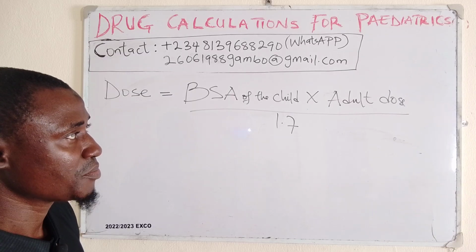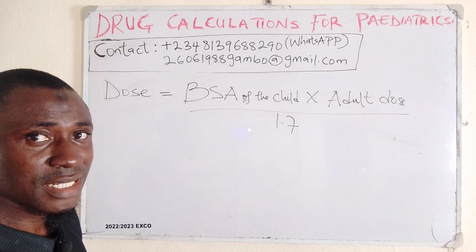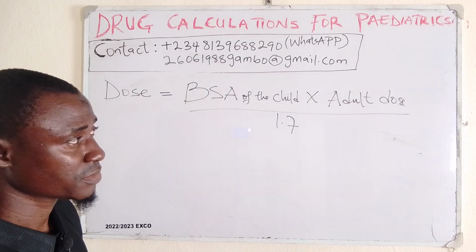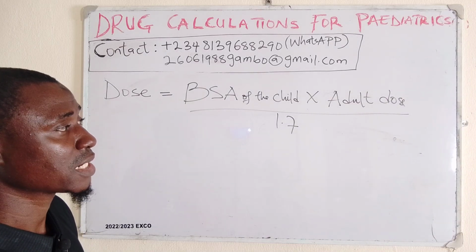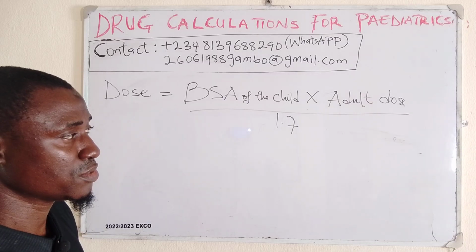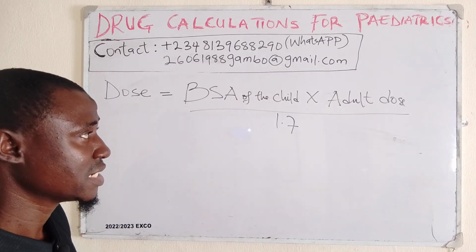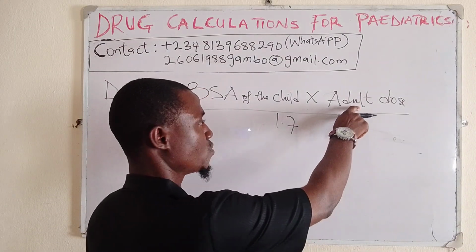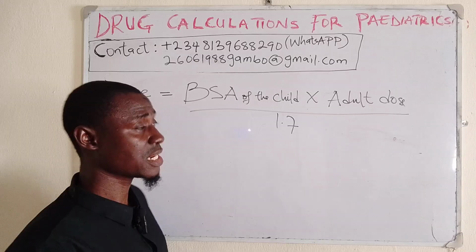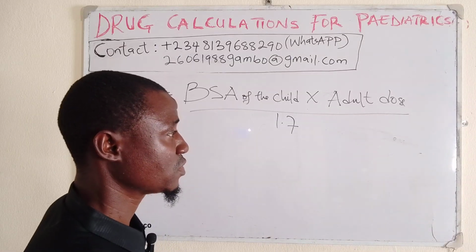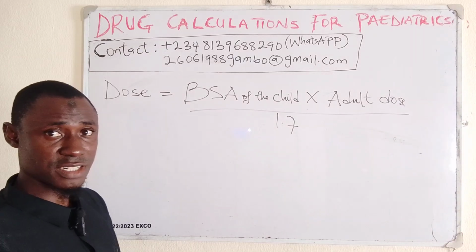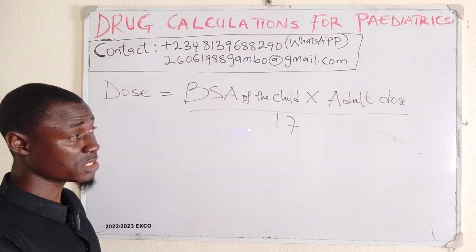That is to tell us how important the adult dose is with regards to pediatric dose calculation. Before you can calculate any dose of a drug for a child, it's very, very essential that you also know the adult dose of that drug. If you don't have the adult dose, it will be very difficult for you to get the dose for a pediatric patient or for a child. So this is very, very essential.